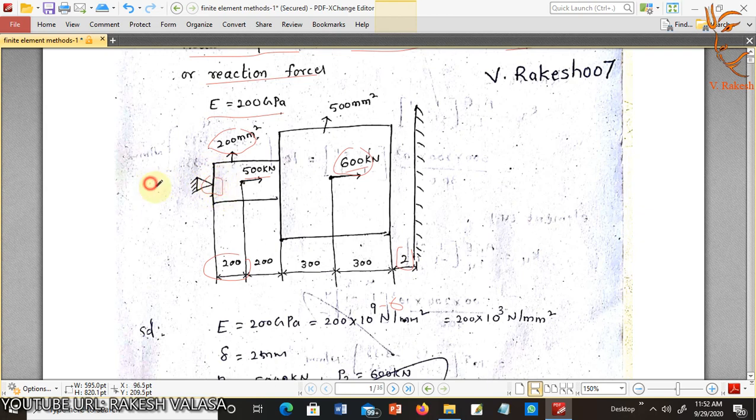That means u1 equal to 0, means there is no displacement. This is the node 5, that means displacement u5 equal to 2 mm. Now you can calculate u2, u3, u4 at node 2, node 3 and node 4.